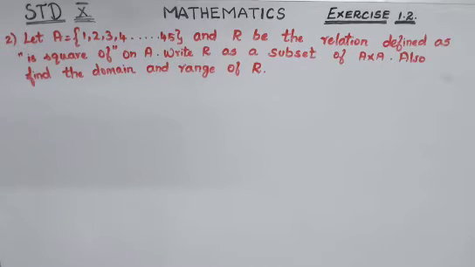So they have given A = {1, 2, 3, 4, ... up to 45}, and they have given one condition.